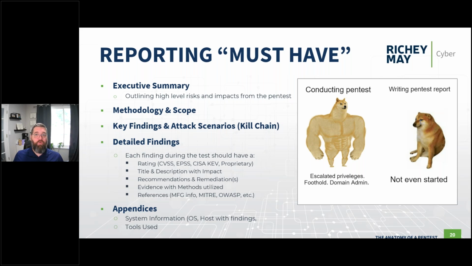This also is useful for explaining to other business owners what may have been found without overwhelming them in detailed findings. So you should always expect an executive summary in any penetration test report that you get.